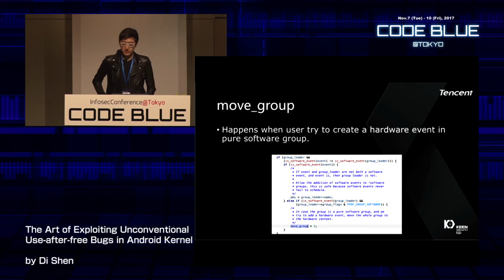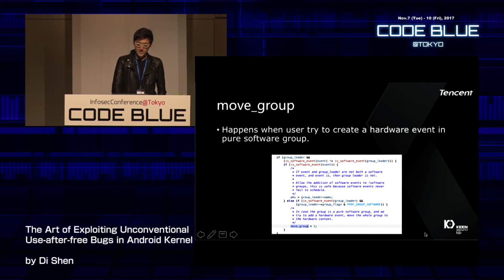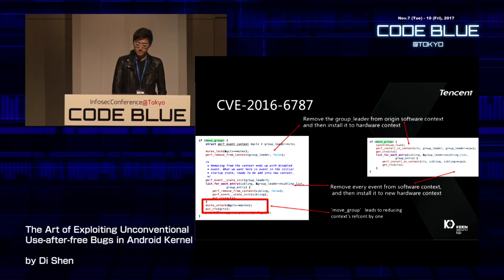In this syscall, it's not allowed to create a hardware event and specify that it belongs to a pure software group, so it will trigger a move_group operation. The syscall will move this group from the software context to a hardware context. In this move_group operation there is a vulnerability, CVE-2017-6787.